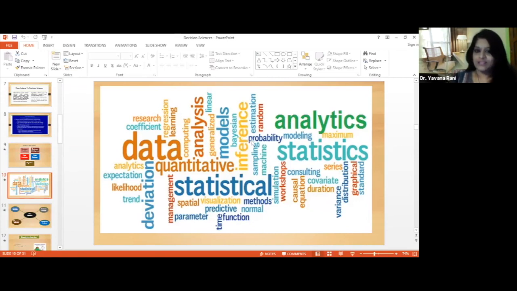Models. Model building is a buzzword now: regression, machine learning, artificial intelligence, all based on predictive analytics. And Bayesian analysis, linear models. These are all combinations of these things, right?